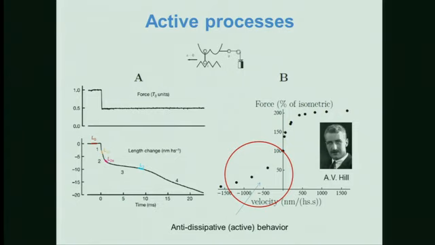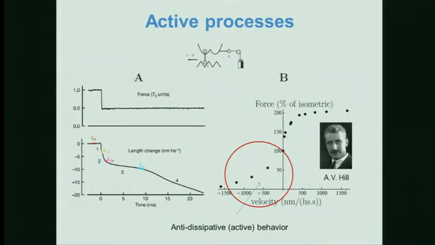This is an active process driven by ATP, and already almost 100 years ago it was understood that there is an antidissipative range where the system uses the energy of ATP to create a finite drift against the force.